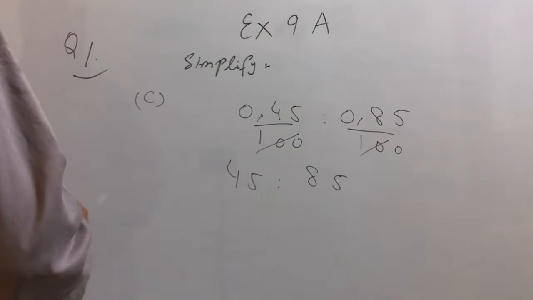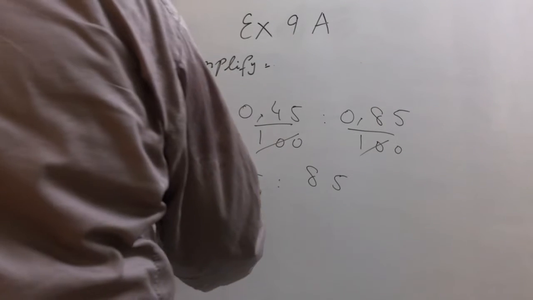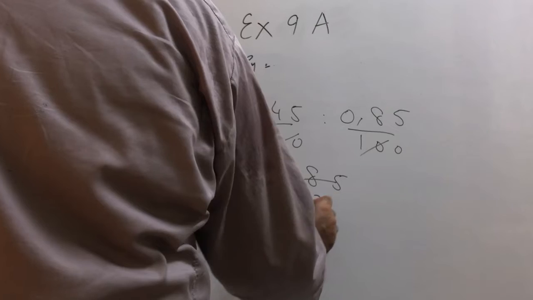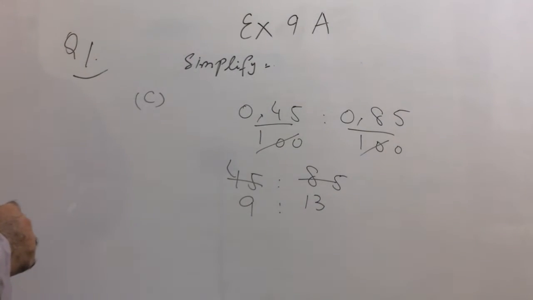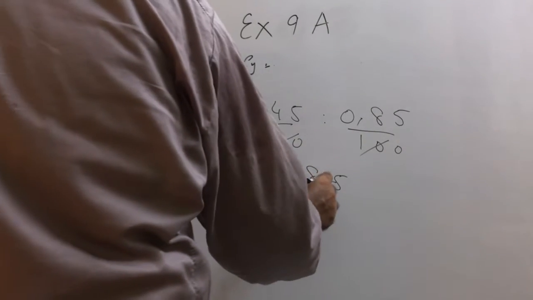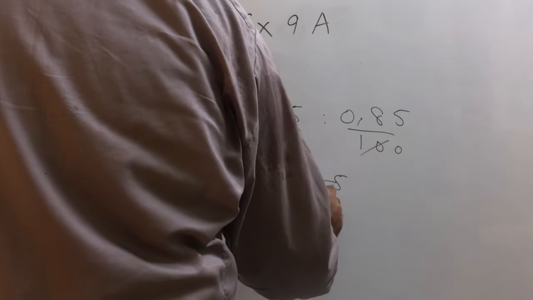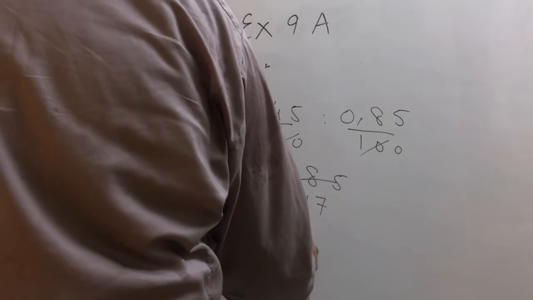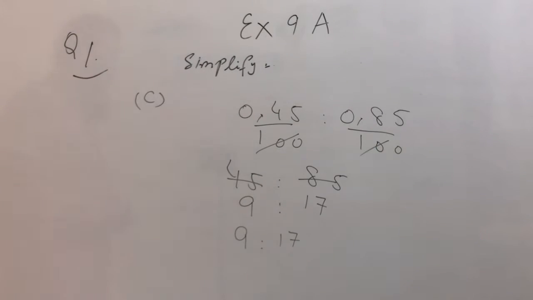Now I'll simplify with 5. 5 9s are 45. 13 5s are... 17 5s are 85. So our answer is 9 ratio 17 because we cannot further simplify these two numbers.